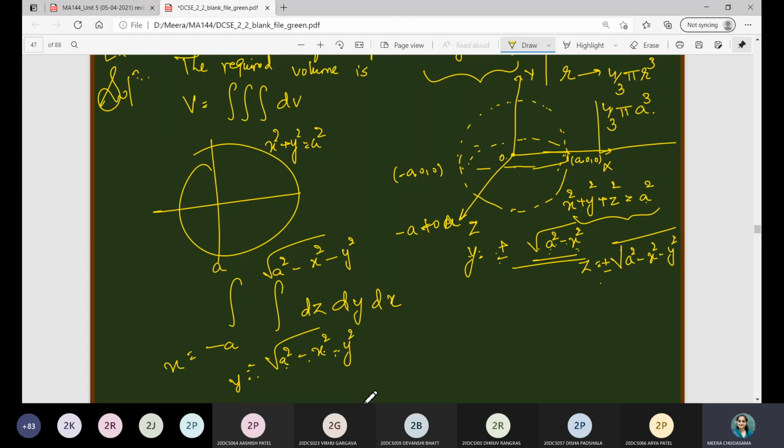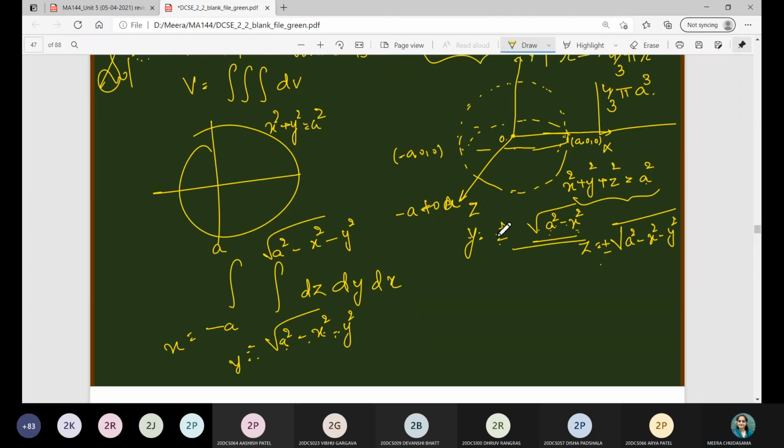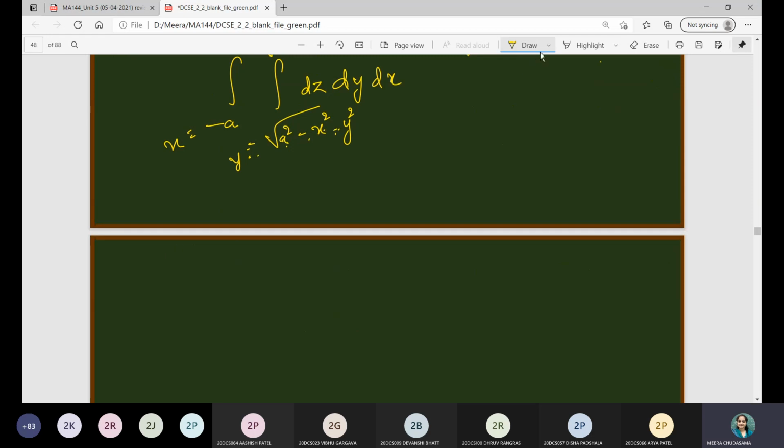Okay, so you can draw this figure. So we can write here in the solution, from the figure we can see the limits of the variables. So I will merge all the statements in one statement.